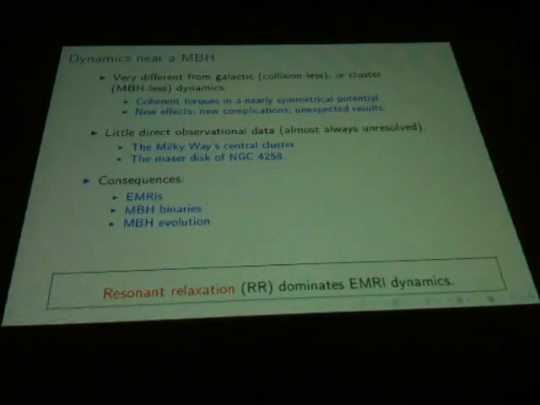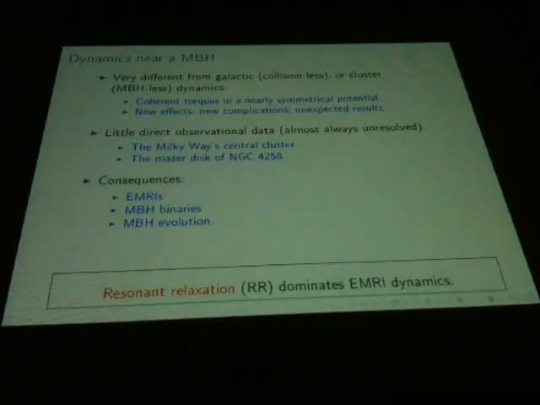Now, all of these are hidden in the inner parsec, or fractions of a parsec, 100th of a parsec in some cases, around the massive black hole, and we essentially have almost no opportunities to actually observe them directly. And this is quite different, I think, from the situation with the mergers of two roughly equal mass massive black holes, or what happens with galactic binaries.